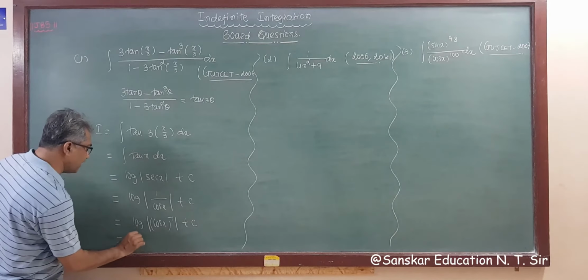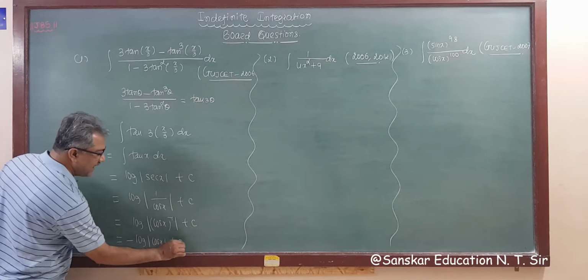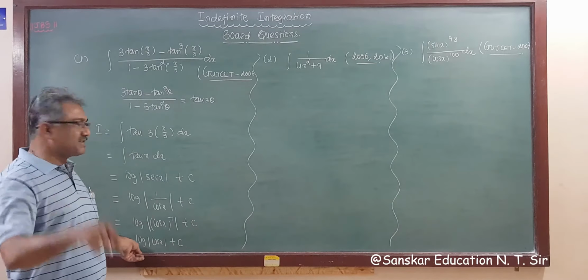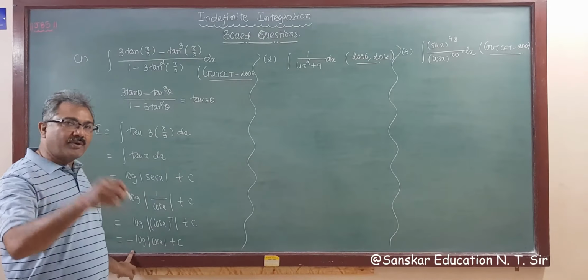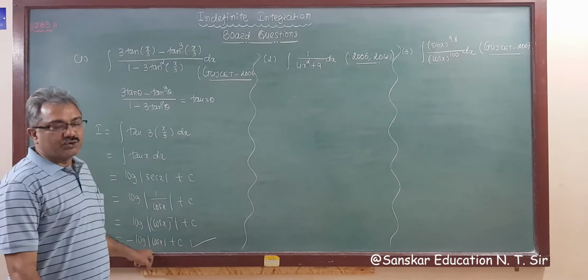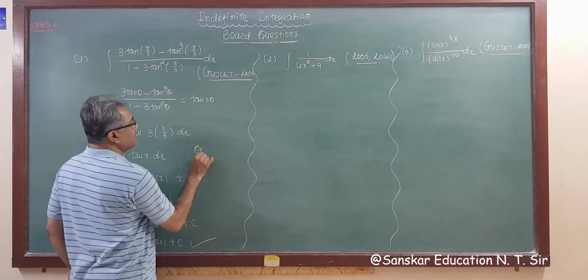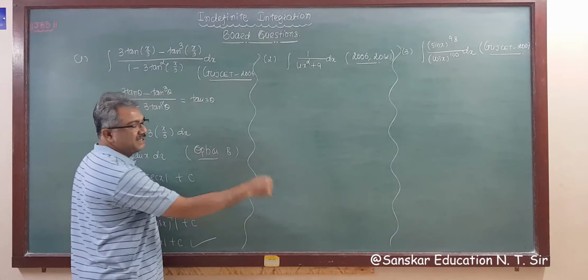So the answer will be minus log mod cos x plus c. You have to remember that integration of tan x is minus log cos x. Sometimes they give this type of answer. So option B is the proper answer.